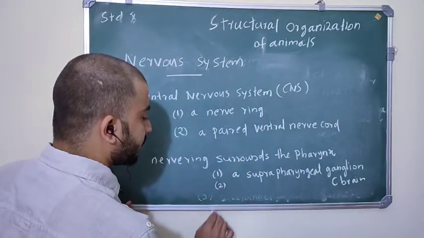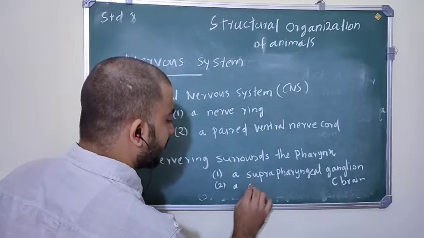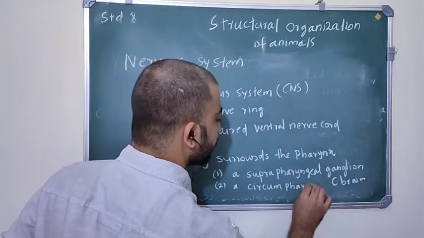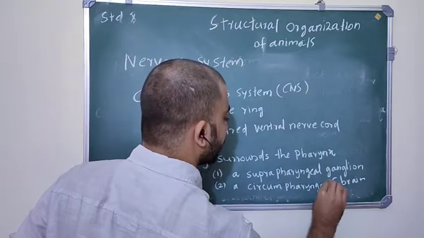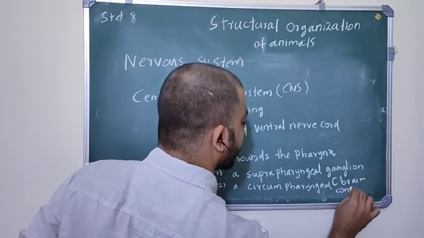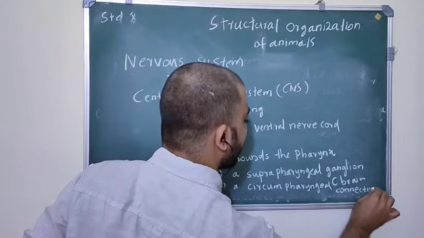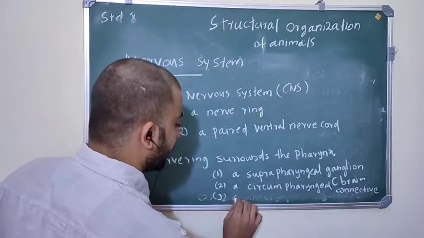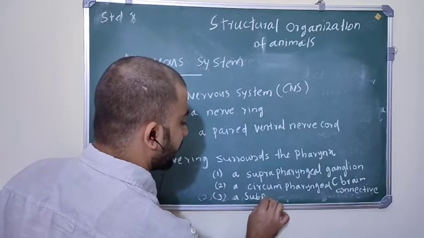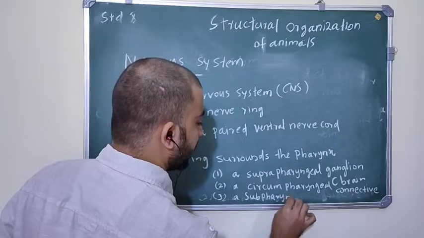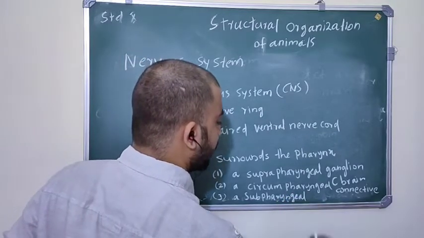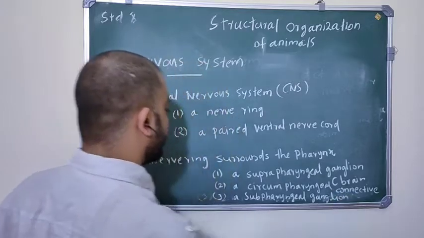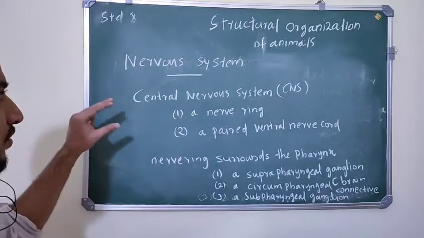Then a circumpharyngeal connective, and the third one, the subpharyngeal ganglion. Okay, so these are the parts of the nervous system of the leech.